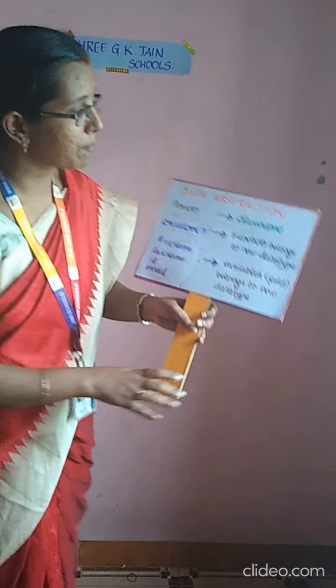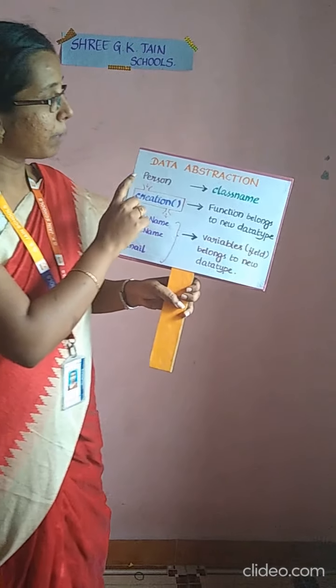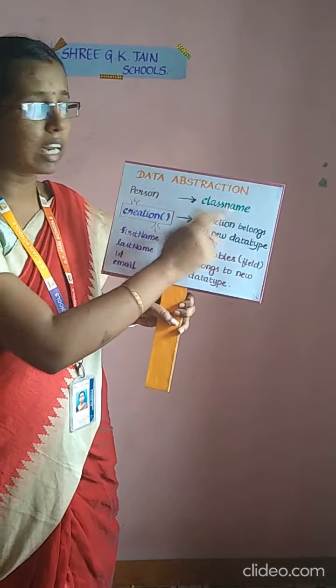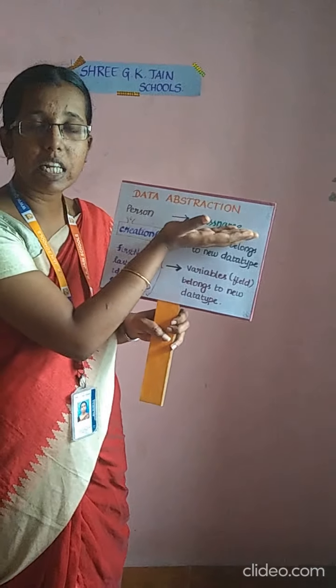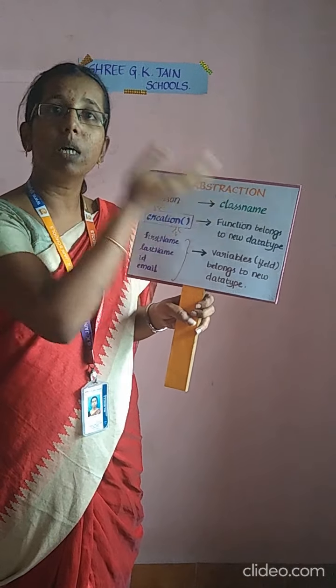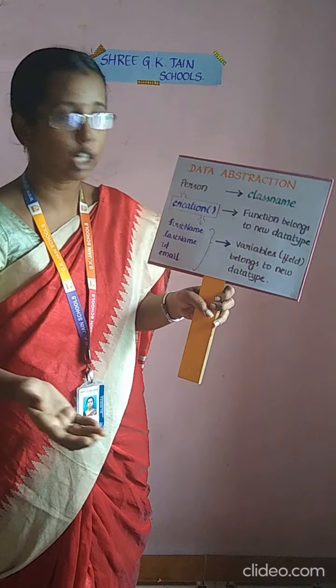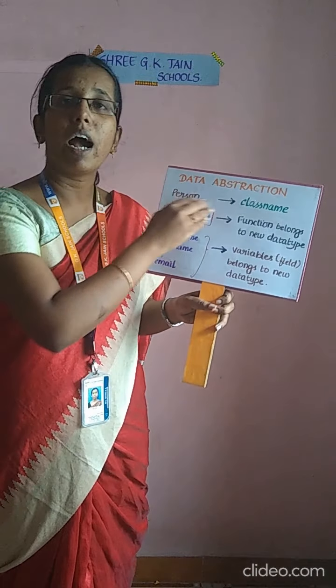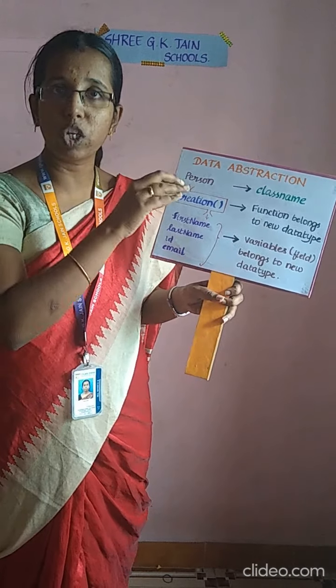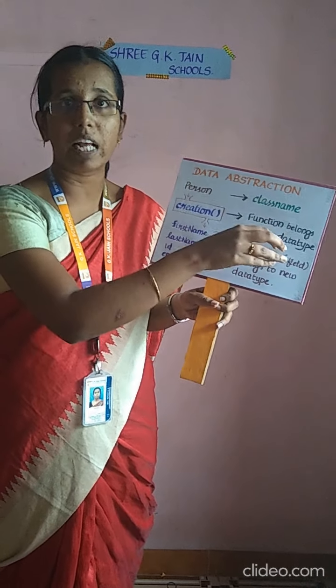And here is an example for data abstraction in structure. The person will be the class name, and that class name will represent the multi-object representation. For example, I have to create one object in the class by using the class name.